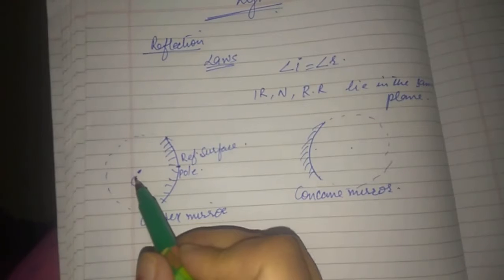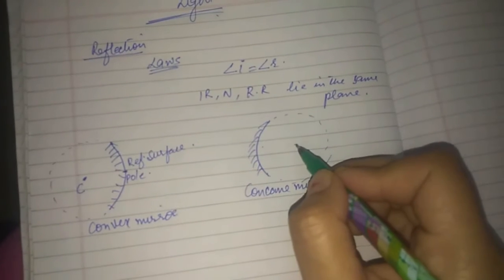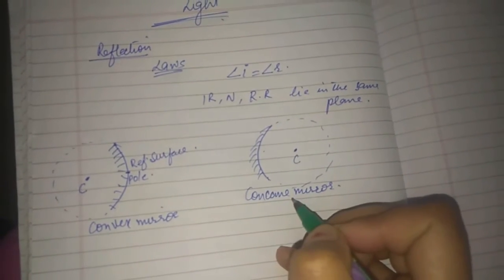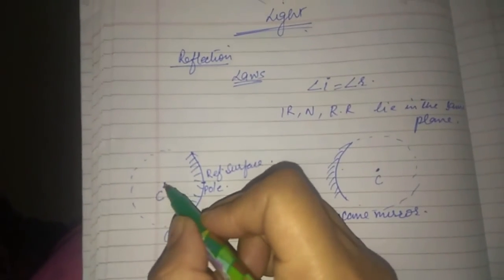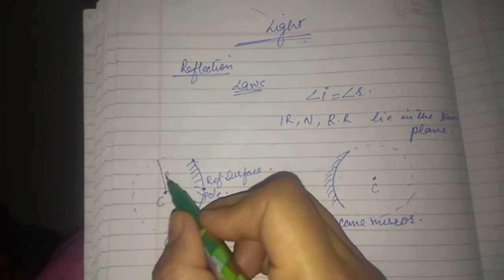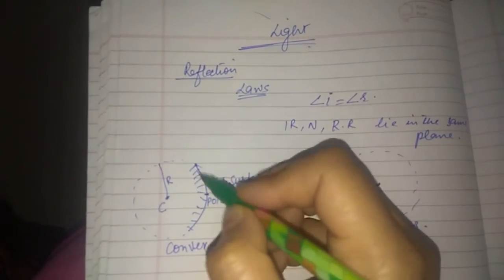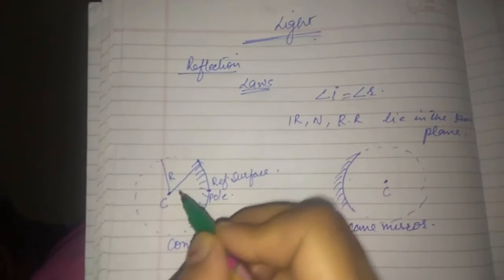Similarly, you can see here the center of curvature is lying behind the mirror in case of a convex mirror, and in case of a concave mirror the center of curvature is lying in front of the mirror. And this is the radius of the sphere.